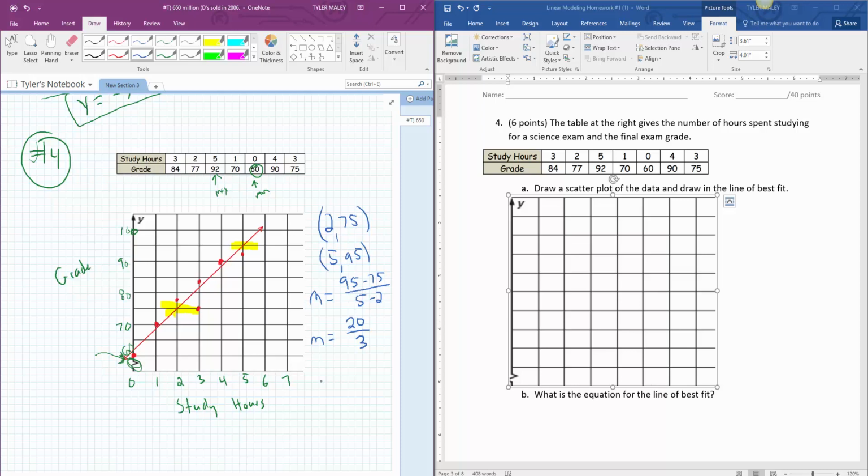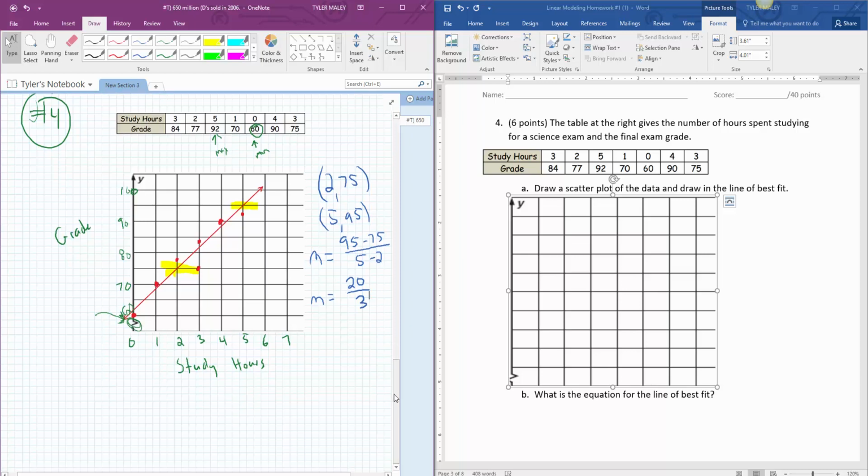Now that we have slope, we need to get an equation of a line. So remember, whenever you're trying to find a linear equation, we need a starting point and we need slope. So I would use point-slope form, not slope-intercept form.